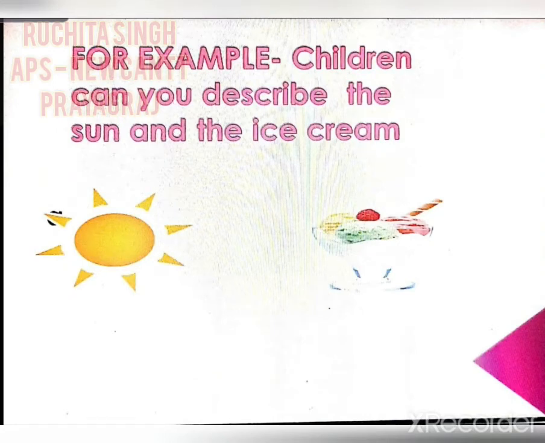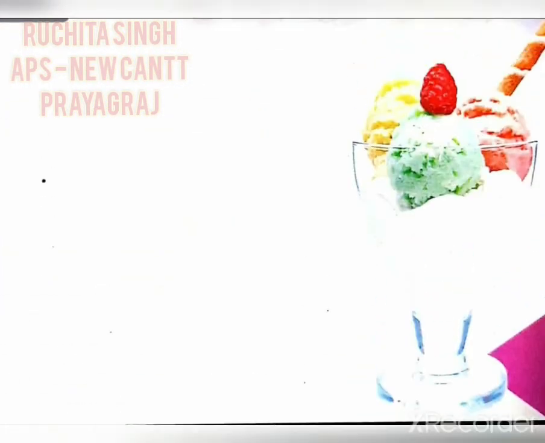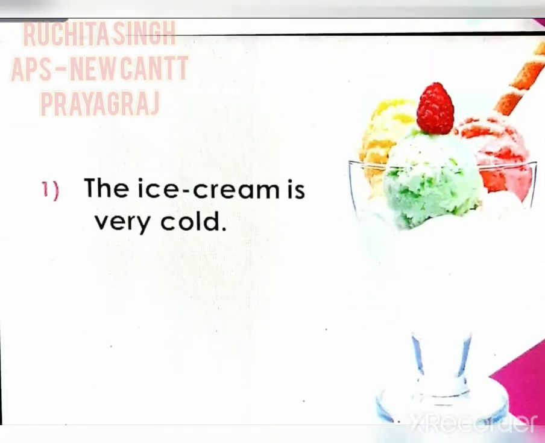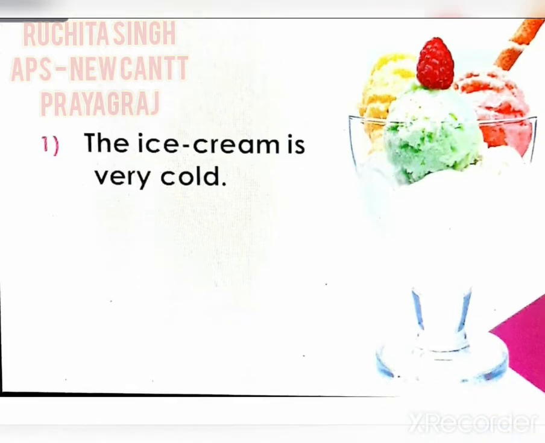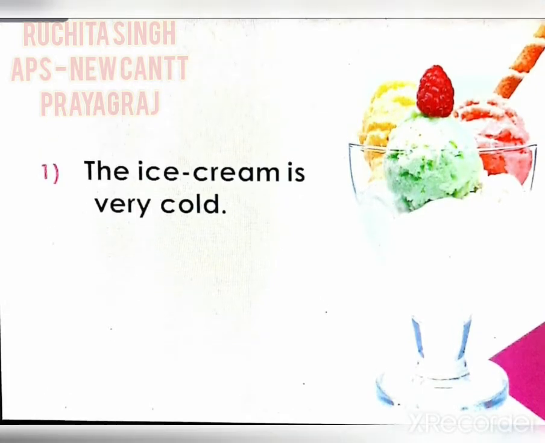For example, children, can you describe sun and ice cream by using describing words? Let's see. How can we describe them? We can describe them by saying that ice cream is very cold. Right children? You can say ice cream is very cold. Then what is this? This cold is a describing word.